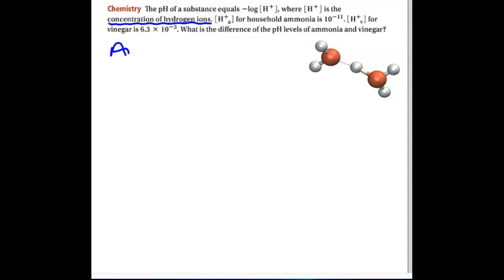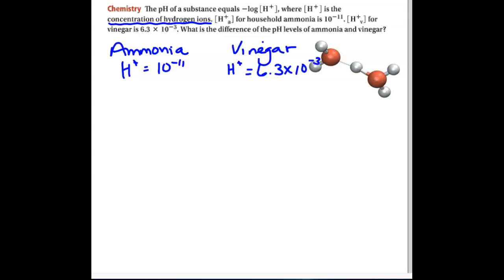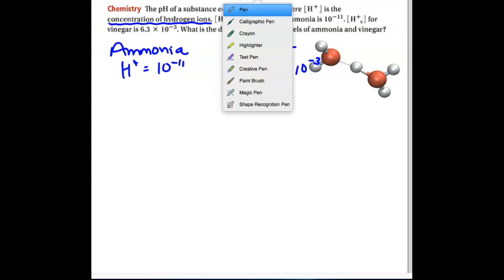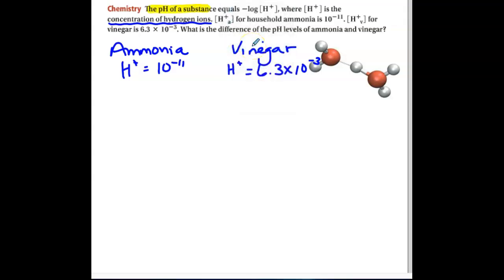So for ammonia, our H plus value is 10 to the negative 11. For vinegar, our H plus concentration is 6.3 times 10 to the negative 3. We want to find the difference of the pH levels. And we said here that pH is equal to the opposite of the log of that concentration.